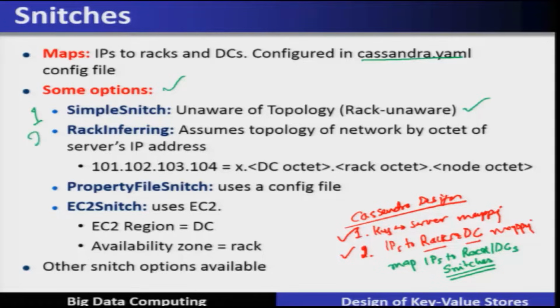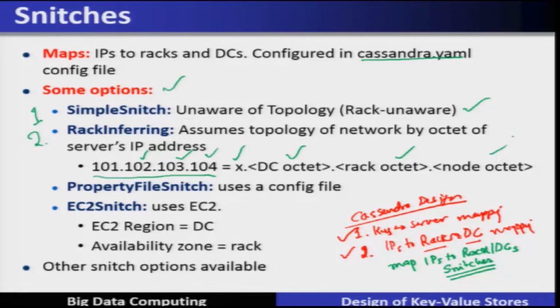The other type of snitch is called the rack inferring snitch, which assumes the topology of the network by the octets of server IP addresses. For example, if the IP address is 101.102.103.104, this infers that the first octet is not used for any inference. The second octet represents the data center, the third octet represents the rack, and the fourth is the node octet.